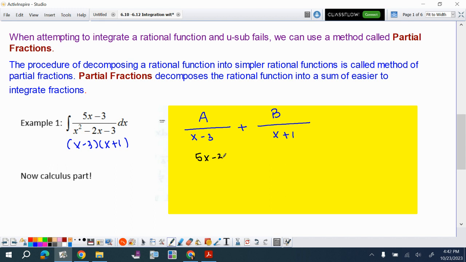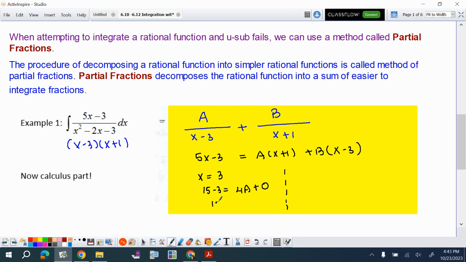The left side is 5x minus 3; the right side is A(x plus 1) plus B(x minus 3). We have to find the values of A and B. So let's say x is equal to 3. Substitute x equal to 3. So 5 times 3, 15 minus 3, is equal to (3 plus 1)A plus 0.